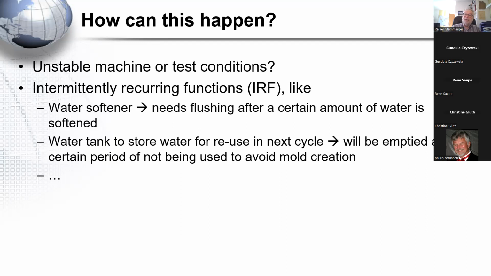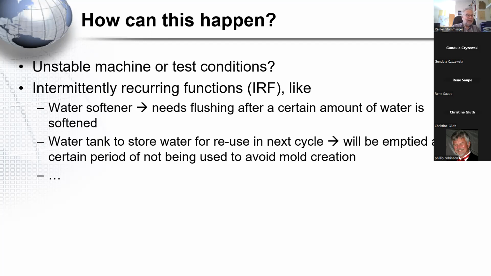But you also then need to flush out this salt solution from the resin, so that it can continue to work as it should do. And this needs some amount of water. It can be 2 liters, it can be 5 liters, but this will only happen when the capacity of the resin is at the end.